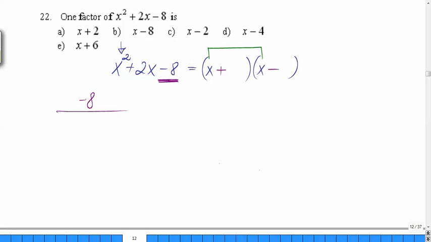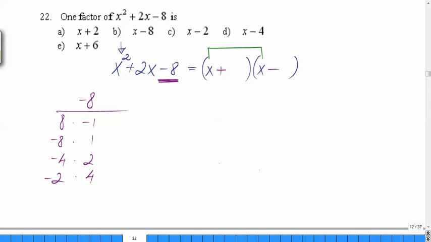And for negative 8 I can have what? I can have 8 times negative 1, I can have negative 8 times 1, I can have negative 4 times 2, or I can have negative 2 times 4, right? Or what else? Well, I believe this is about it for integers as factors.